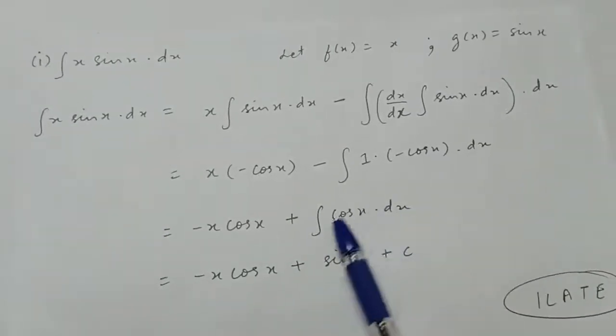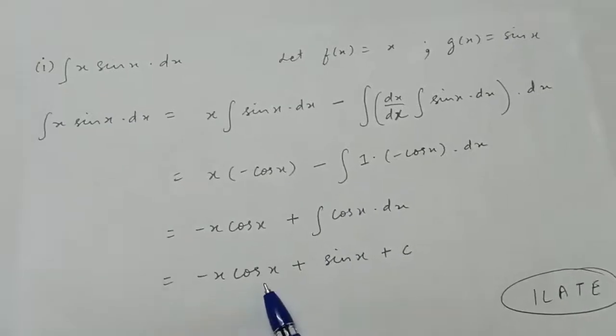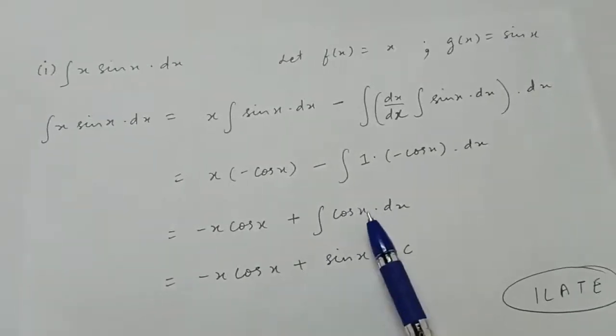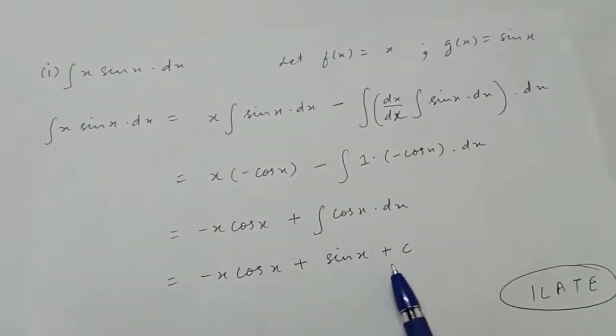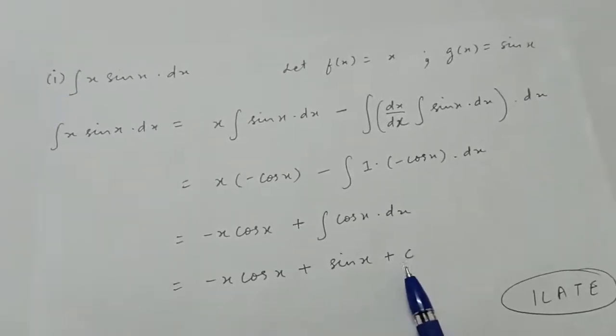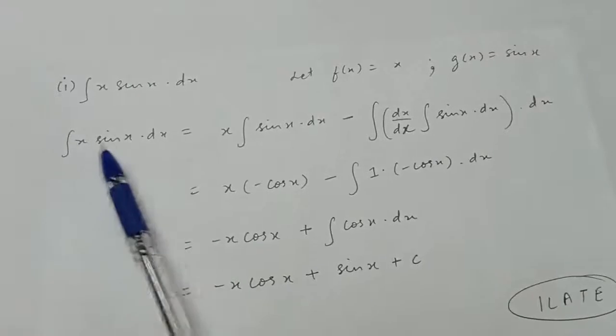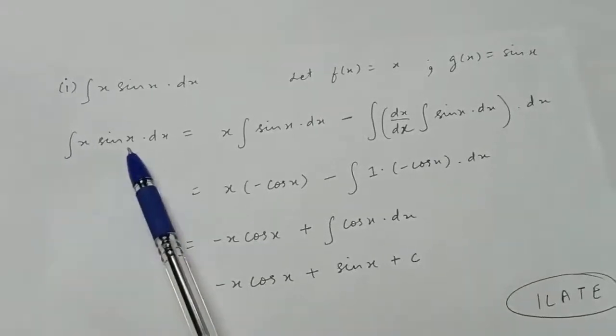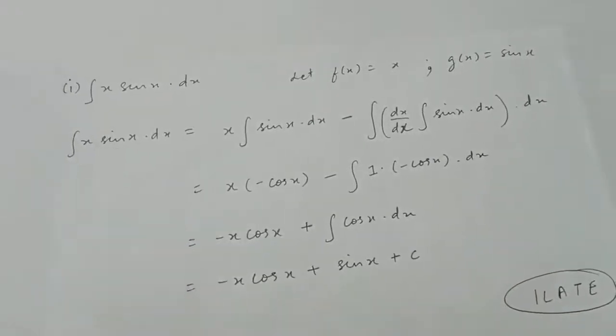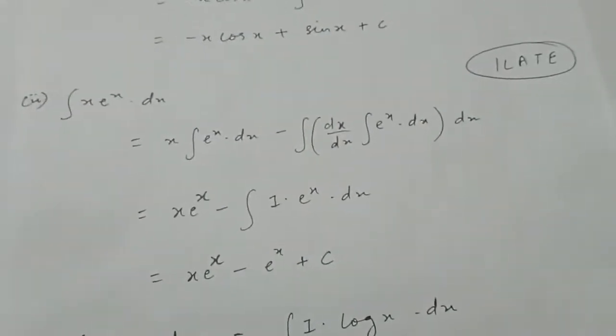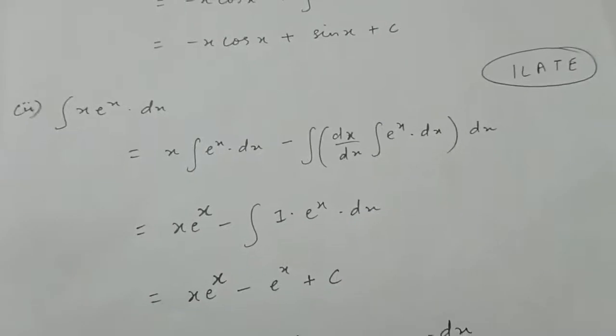Now again integrate this, so you will get minus x into cos x plus integral of cos x is sin x plus c, right? So this is how we can solve the integral of product of two different functions in terms of x, right?